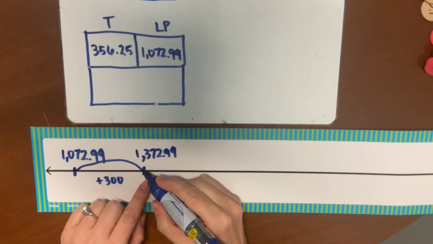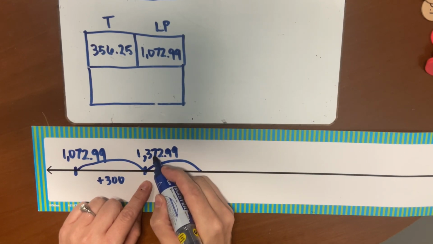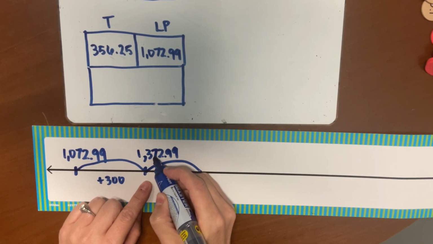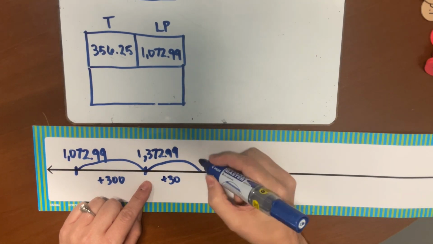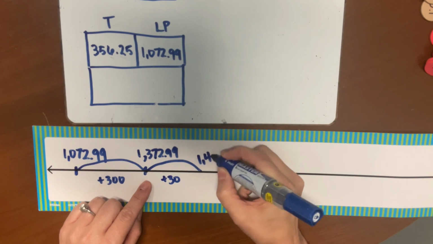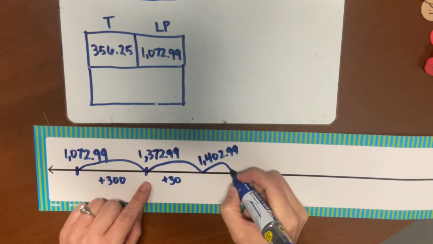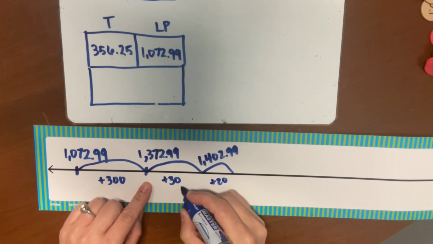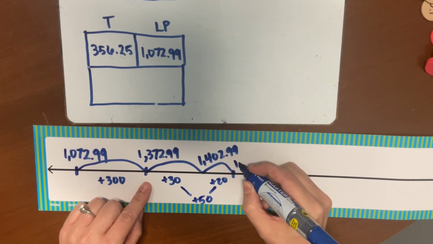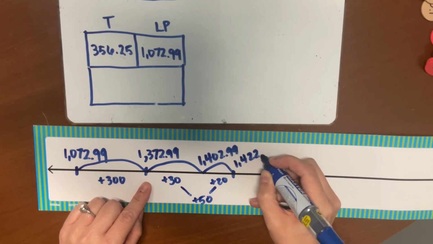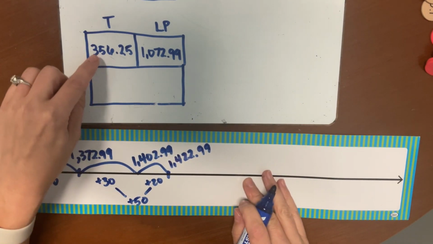I think I'll do plus 30 next, because that puts me to $1,402.99, but I still have 20 of that 50. So then I can do plus 20 more, which would be $1,422.99. Okay, so I've done 350.